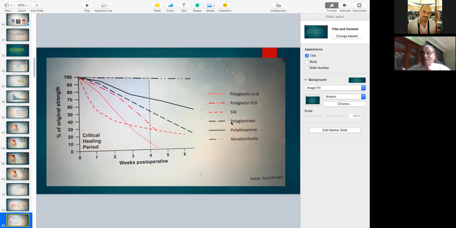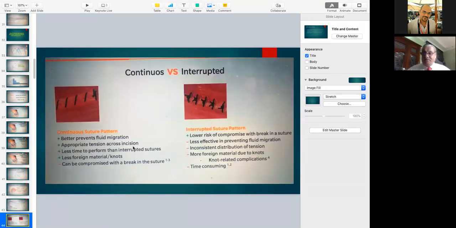But the other silks lost their power less than that. That's why you must keep in mind what type of suture you are using, because the strength differs for each suture to stand the power for a long period.